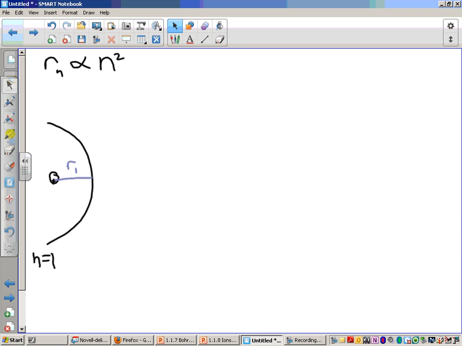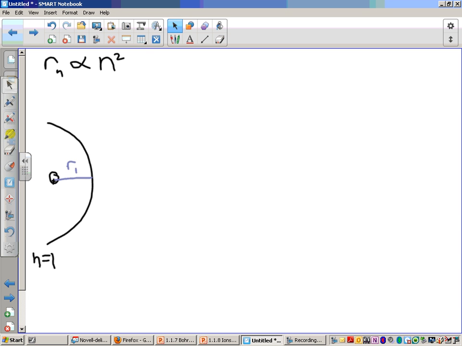Bradley? Square what? I have to square a number. I can't just square a distance number. Nope. I've doubled the orbit number. It doesn't make it double the distance. It's related to the square of the orbit number. How much further out is it going to be?